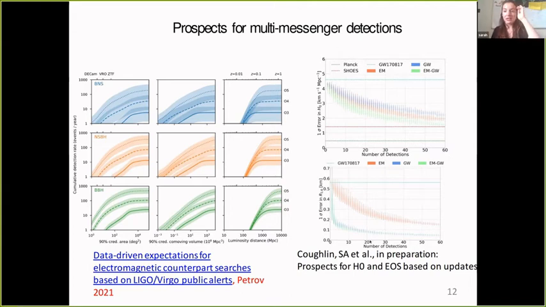This is a little game that we do with Michael Coughlin to understand how we can better estimate, for example, H0 with multi-messenger analysis, or for example, the radius of the neutron star.